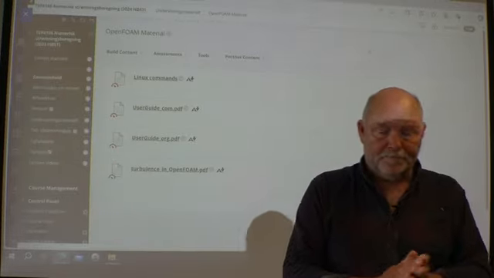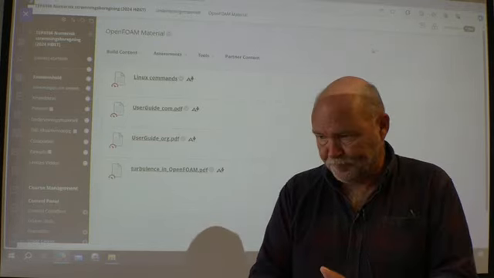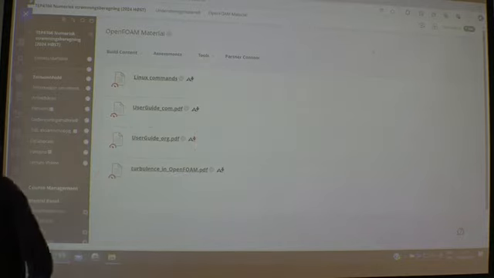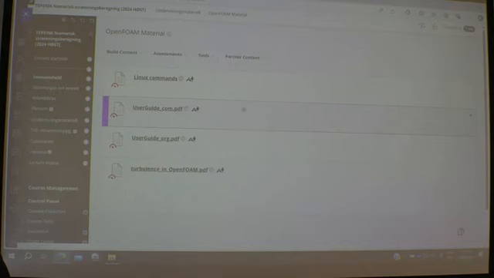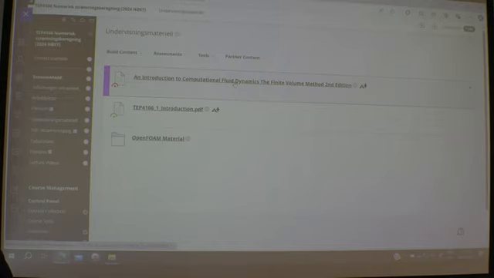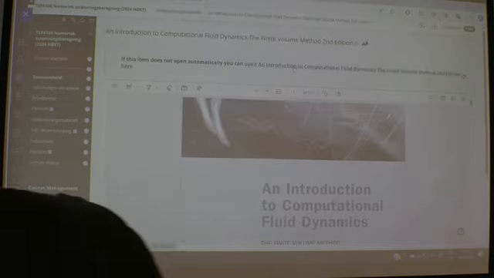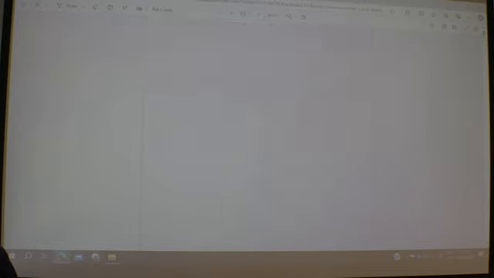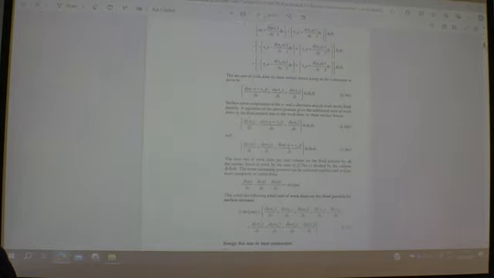Okay, we start up again. So I want to show you where you can find a little bit of information. You have chapter 3 in the book by Versteeg, which is an okay description about turbulence.